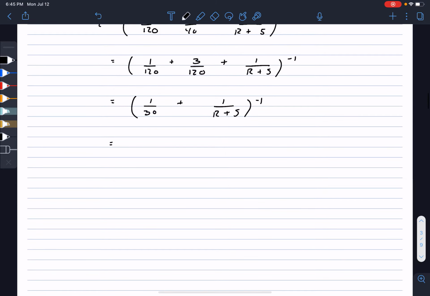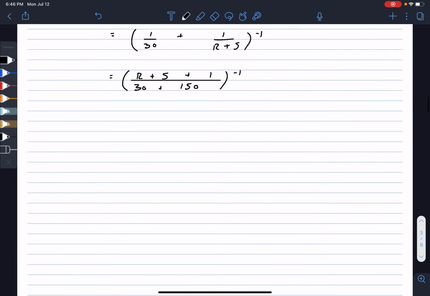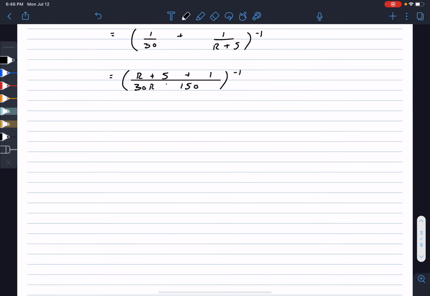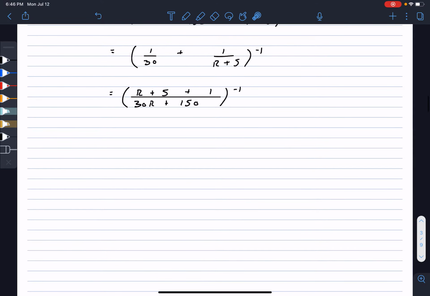So that means that we have R plus 5 plus 1 over 30R plus 150, all inverse. Right? 30R. So I'm going a little fast. I need to be careful. 30 times R plus 30 times 5 will give you 30R plus 150. Okay?